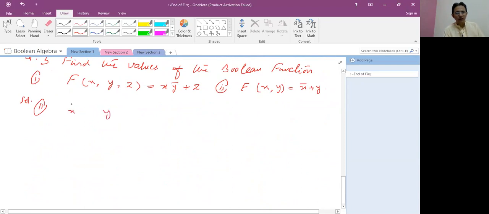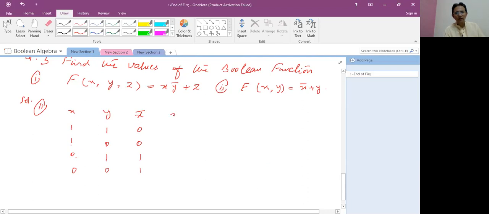We consider 4 value pairs: 1 1, 0 0, 1 0, 1 0. Now what is the complement of x? The complement of 1 is 0, and the complement of 0 is 1.